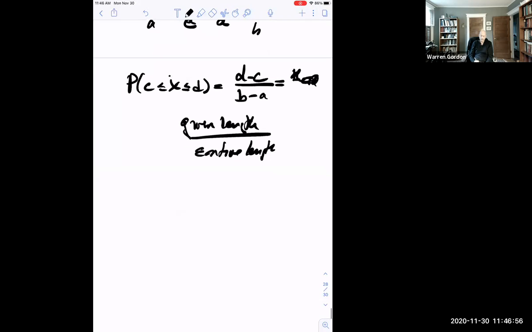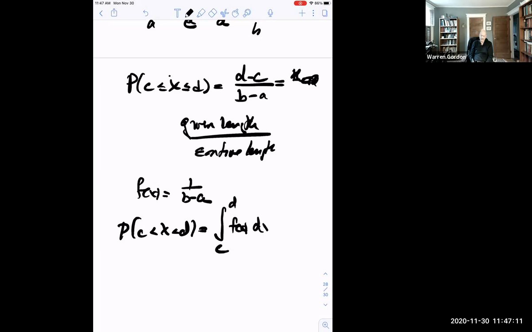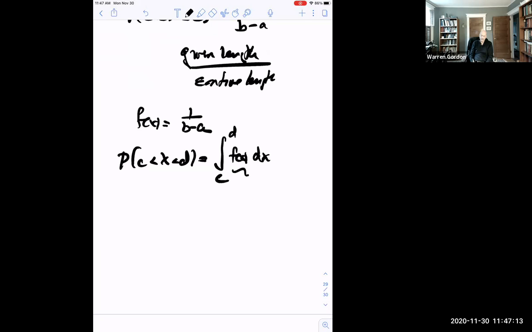By the way, if you wanted to prove that, how would you prove that? Remember, f of x is 1 over b minus a. So if you wanted the probability that x lies between C and D, that's the integral from C to D of f of x dx, right? This is a constant, 1 over b minus a.